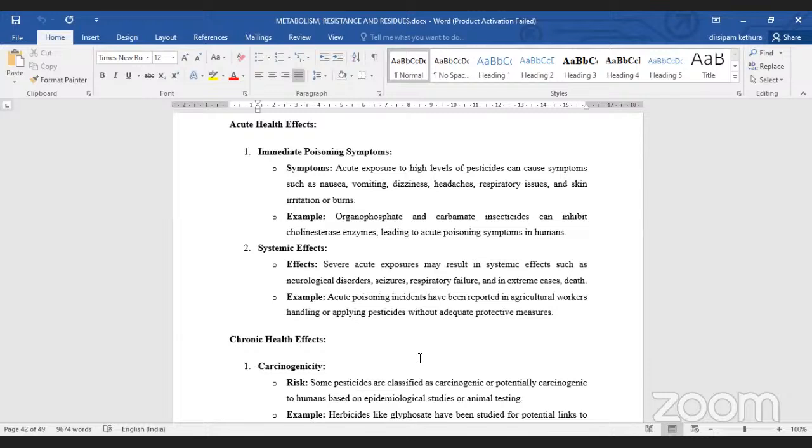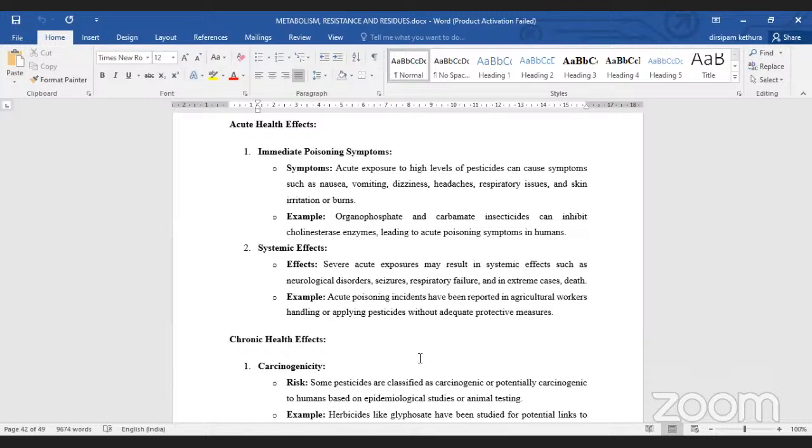The second one under immediate health effects is systemic effects. Severe acute exposures may result in systemic effects, for example, neurological disorders, respiratory failure, and sometimes death of the organism. Acute poisoning incidents have been reported in agricultural workers handling or applying pesticides without adequate protective measures.